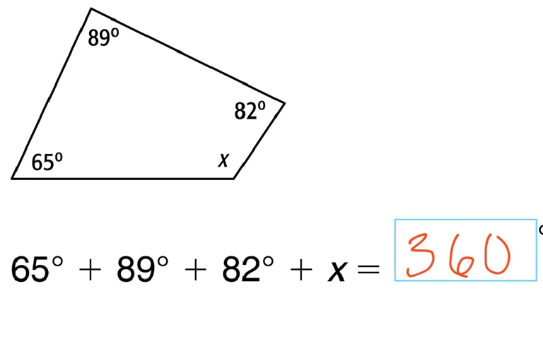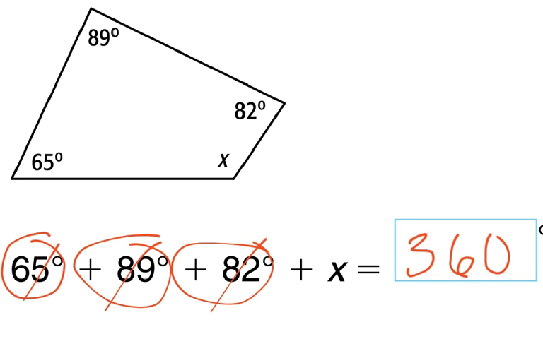So if we know that we have 360 degrees altogether, let's subtract out the pieces that we know. 360 degrees minus 65 would be 295. 295 subtracted by 89 would be 206. 206 minus 82 would give us a remainder of 124 degrees.